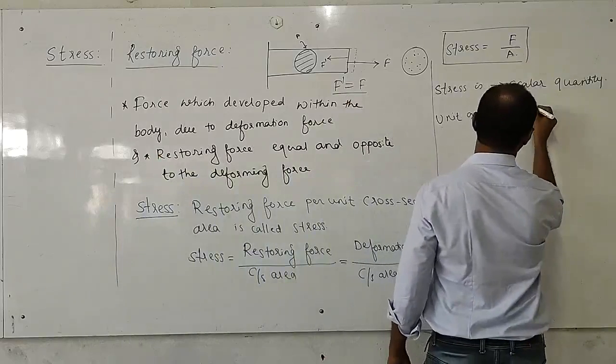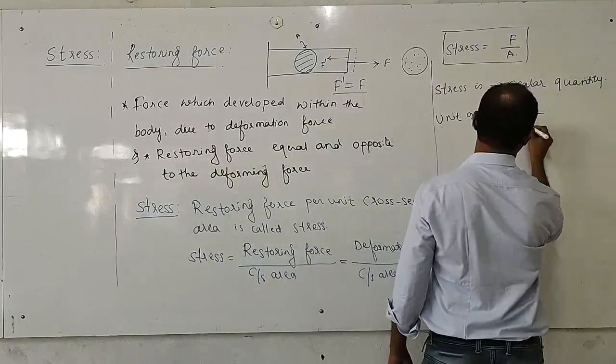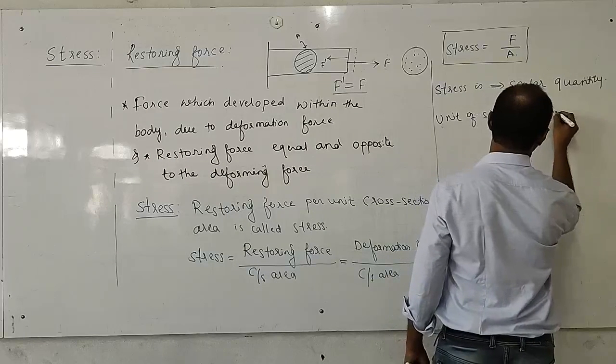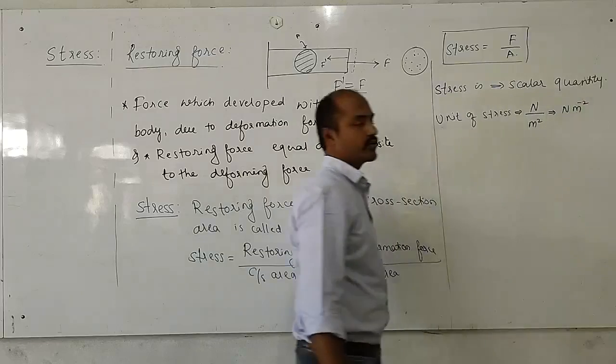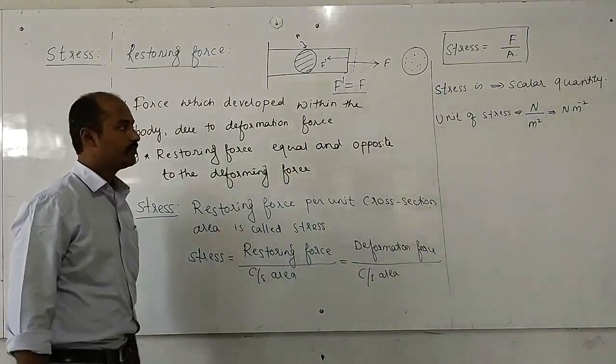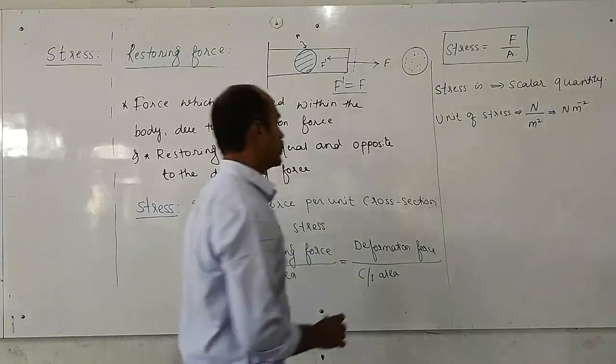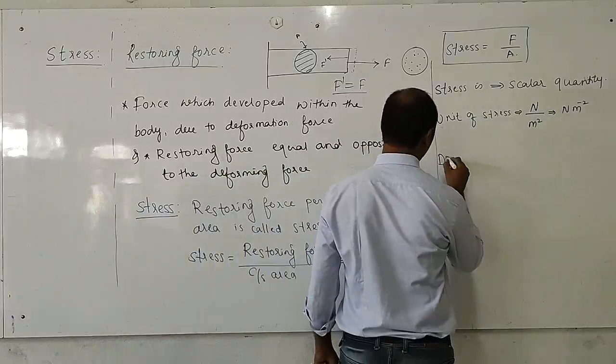Force is measured in Newton, divided by meter square. So Newton per meter square is the unit of stress. Then can you write the dimension? Dimension of force.